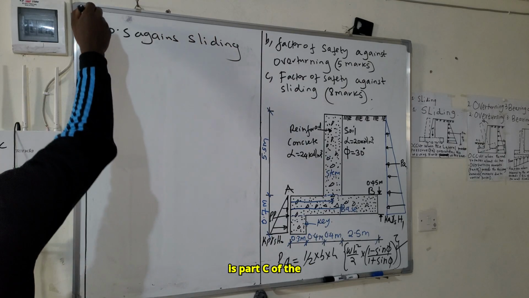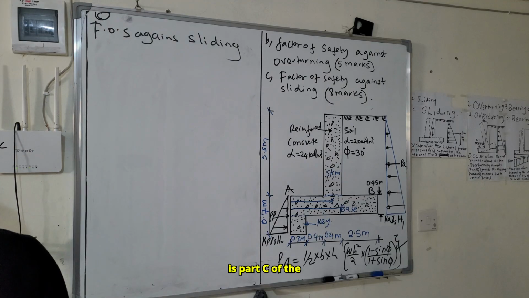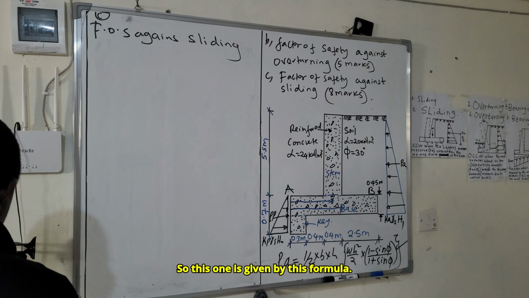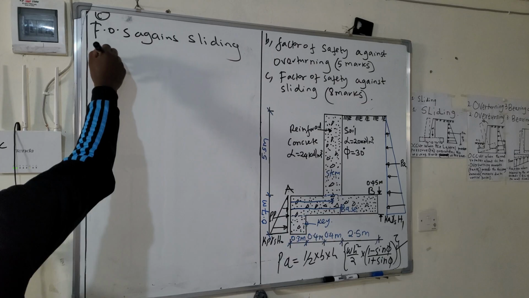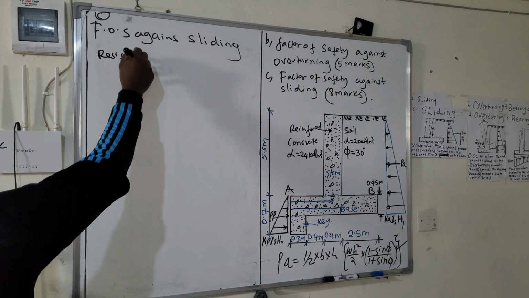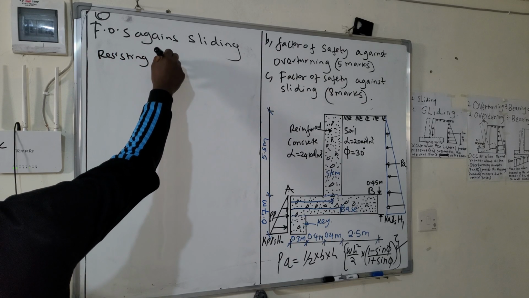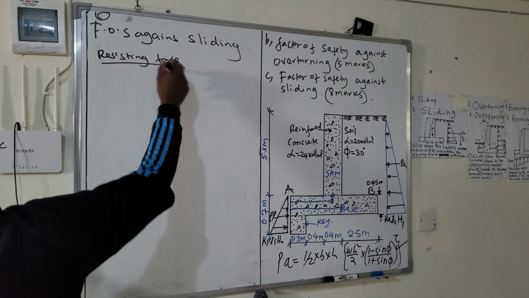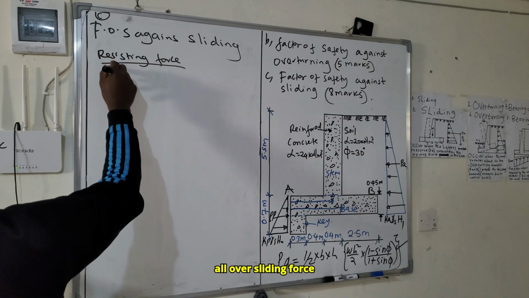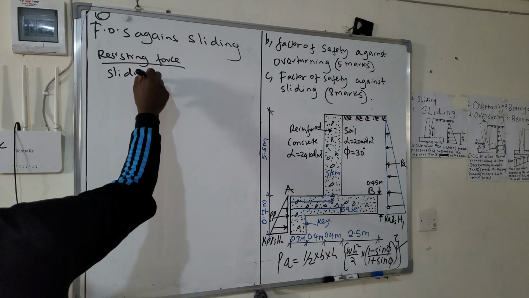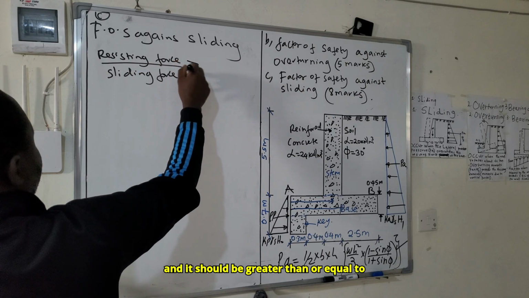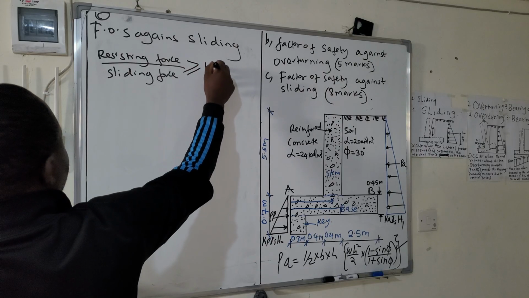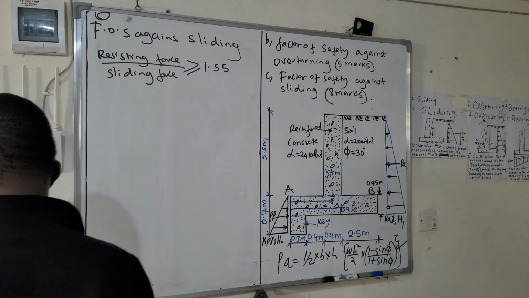So this is part C of the question. This one is given by this formula: resisting force all over sliding force, and it should be greater than or equal to 1.55.